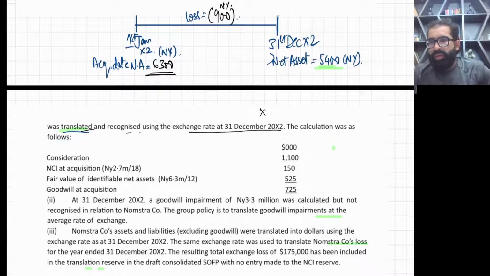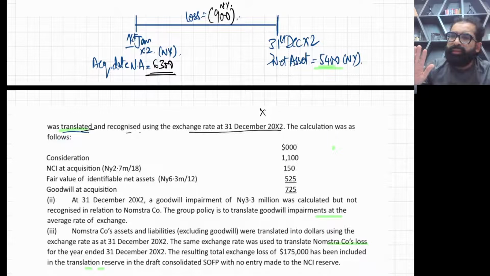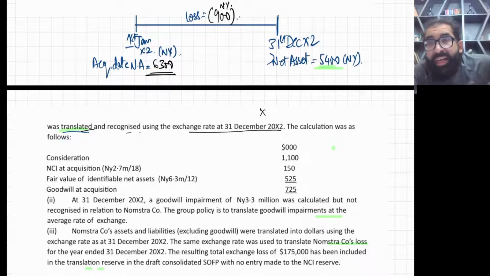Whenever I teach this topic in class, let me tell you my style. At the acquisition date, the parent company management books the tickets and goes to the foreign country. They calculate goodwill at acquisition date in foreign currency, and then they translate everything at the acquisition date exchange rate: cost of investment, fair value, NCI.